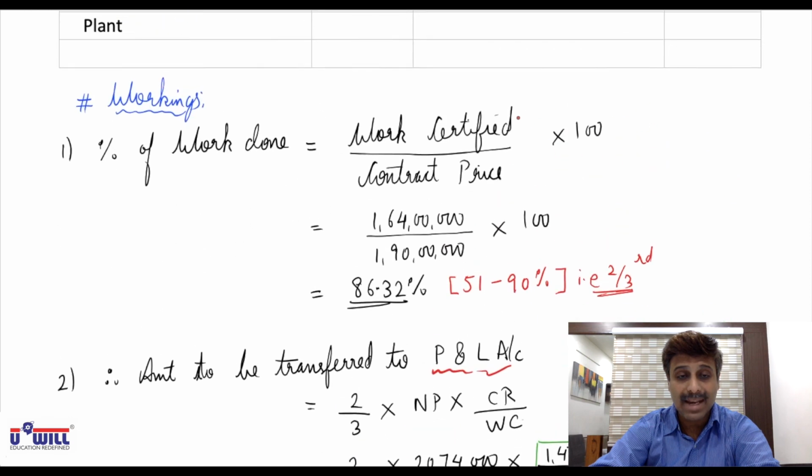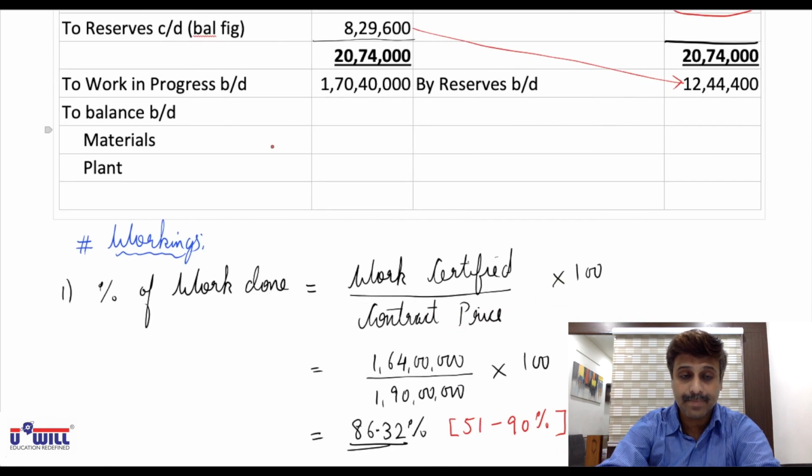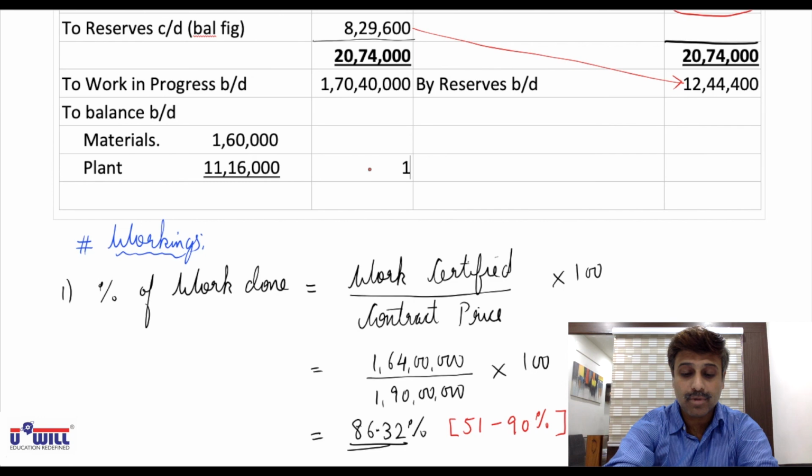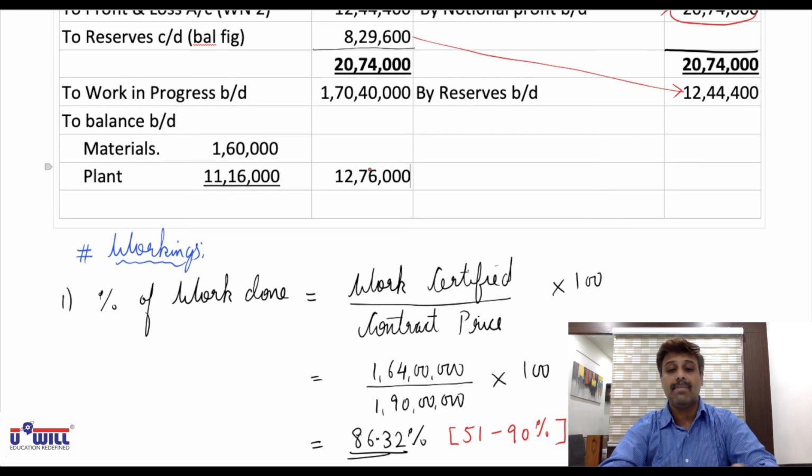The total of both comes to 12,76,000. In the outer column 12,76,000. Now in the third part we don't have to do any balancing.